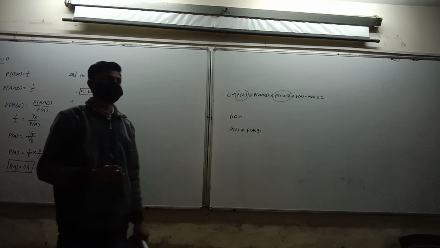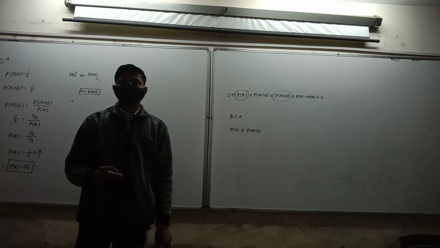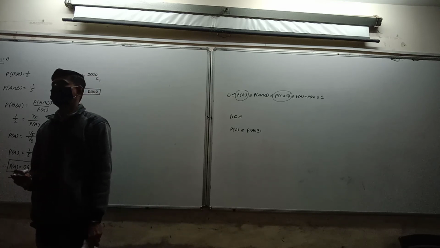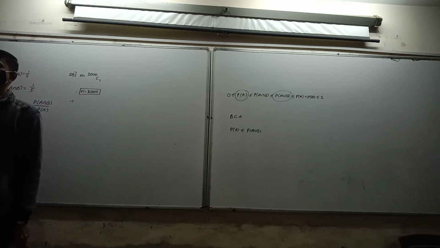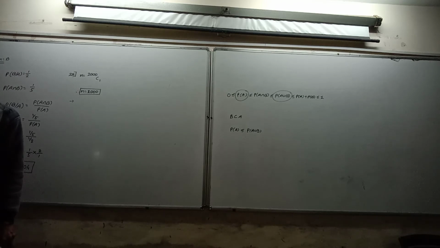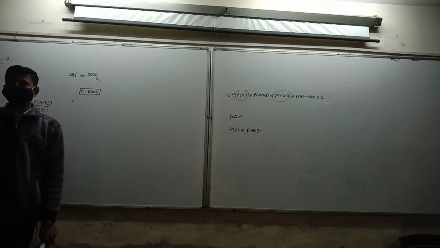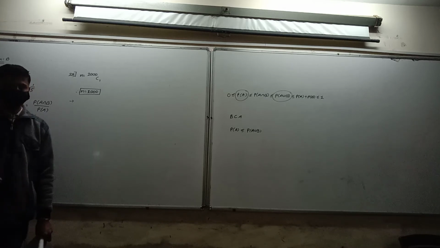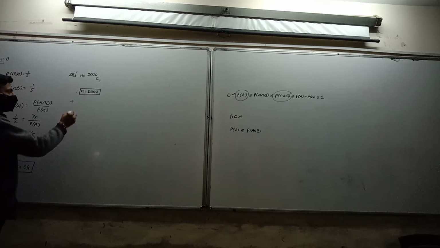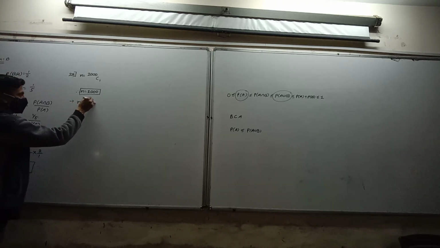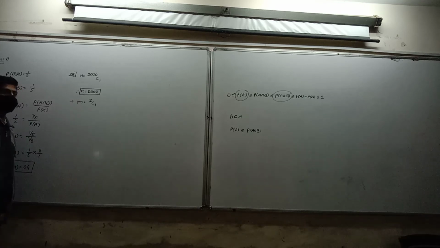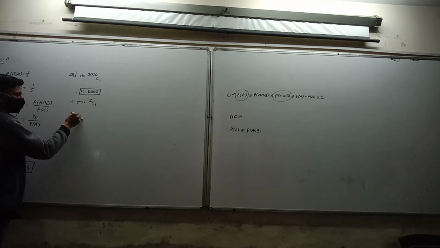New line. Favorable outcomes of event A is, write down M is equal to 2C1, because total 2 tickets are eligible for prize, so one of them will be selected.